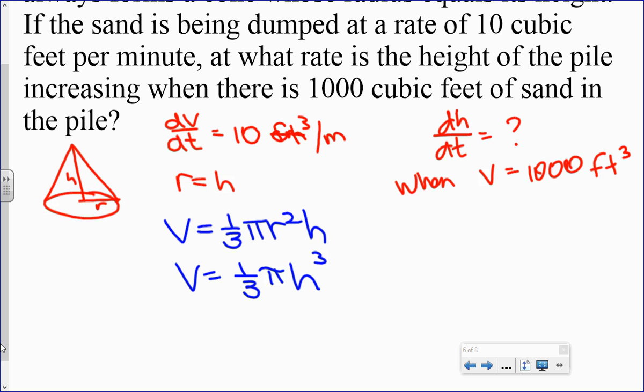This makes the derivative a lot better, doesn't it? dV dt is pi h squared dh dt. We do the power rule, the 1/3 times 3 will cancel out.